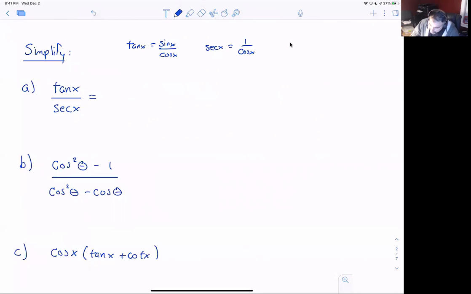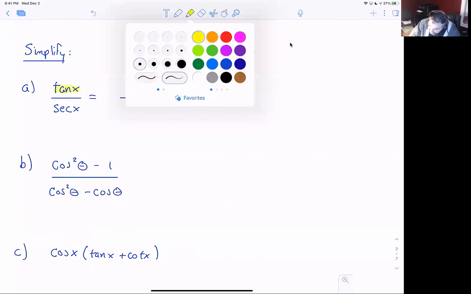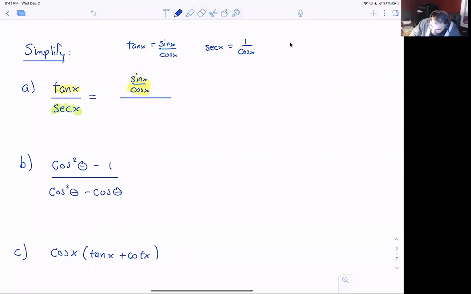So one way of doing this is making a very large complicated fraction, because the tangent part is going to end up being replaced by the sine x over the cosine x. So that part goes right in the top, so the yellow matches to the yellow. And then the secant x can be replaced by 1 over cosine x. So that's our reciprocal identity. So the green matches with the green.